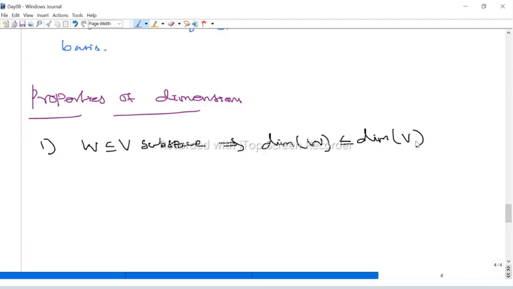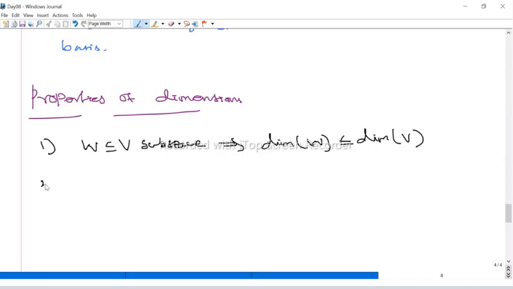So why am I writing less than or equal to here? Sometimes we get the subspace dimension equal to the bigger space dimension, but this only happens in an infinite dimensional vector space, not for a finite dimensional vector space.